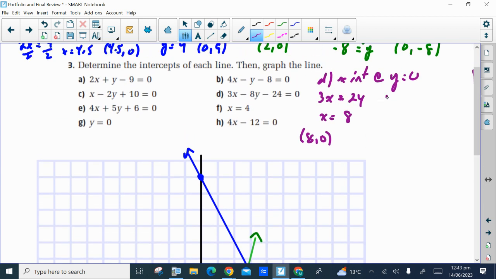And now the y-intercept is where x equals 0. So again, if you let x equal 0, the x term will disappear. You'll be left with negative 8y minus 24 equals 0. If we add the 24 to both sides, it'll be positive on the other side.